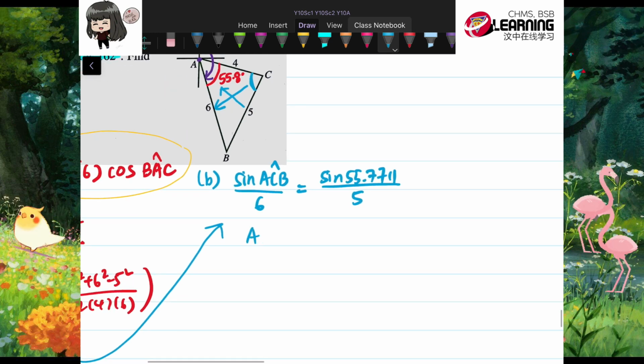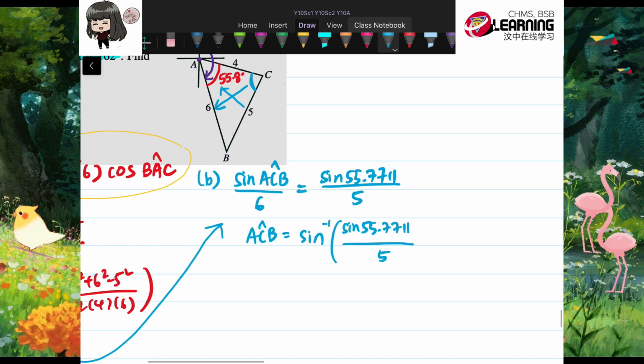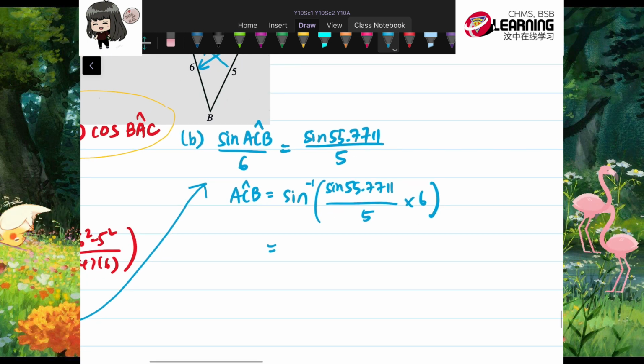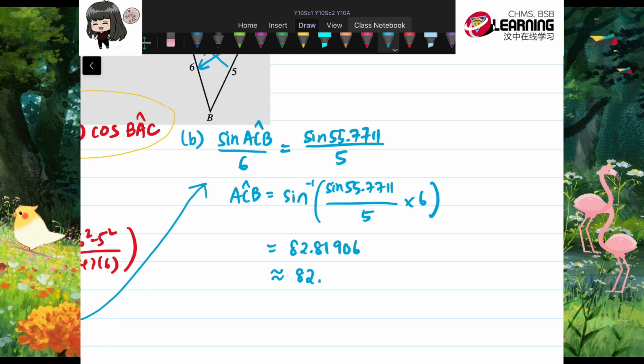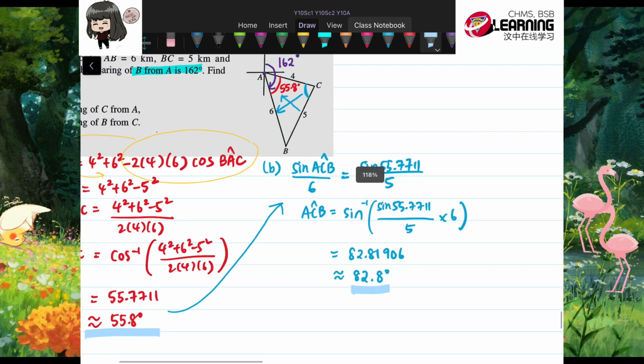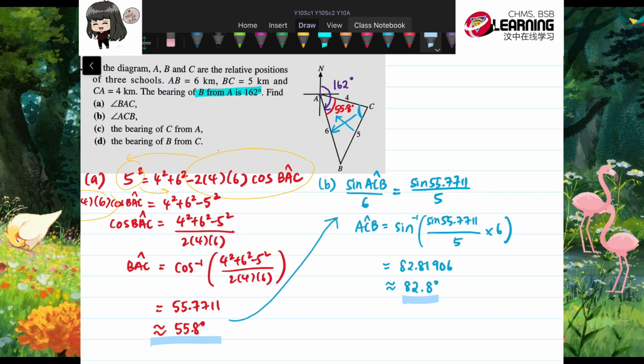So angle ACB is inverse sine, and I get 82.81906. To 3 significant figures, or 1 decimal place, since it is an angle, it is 82.8. Please compare your own answer with my answer.